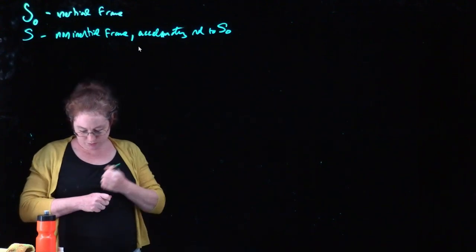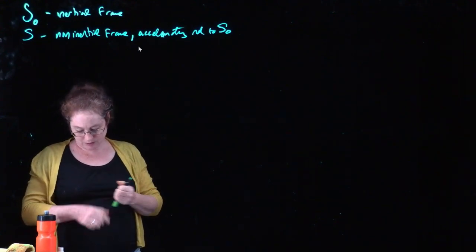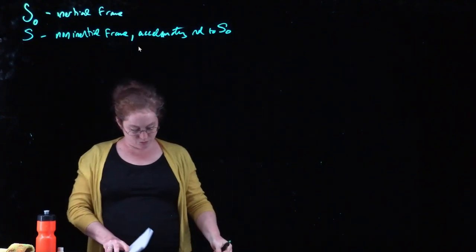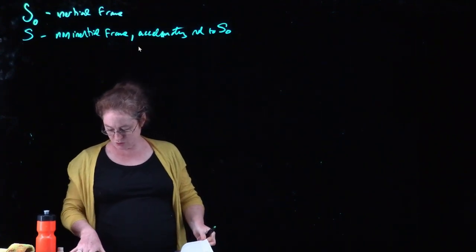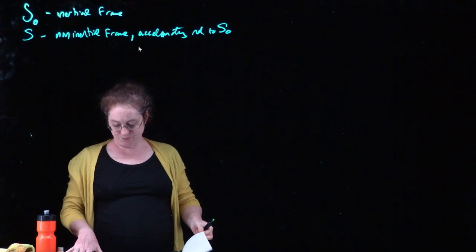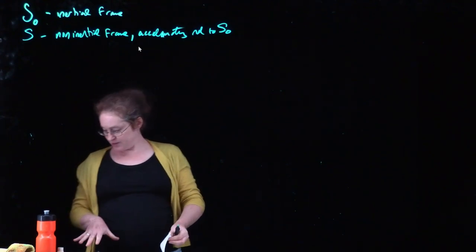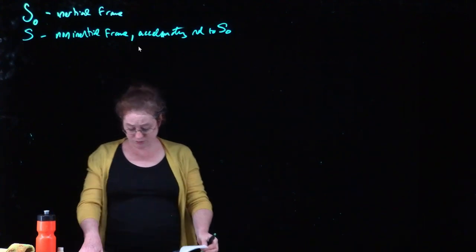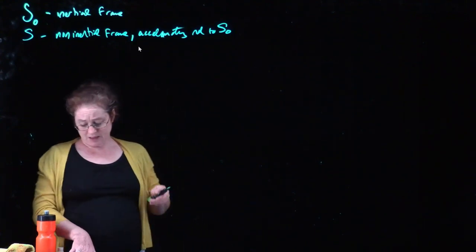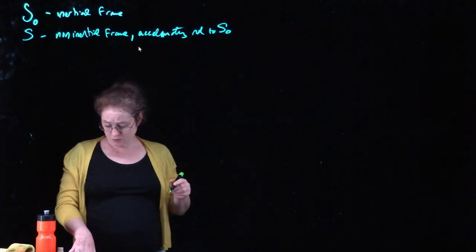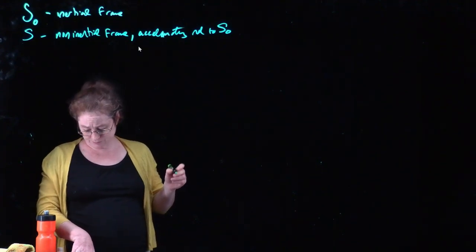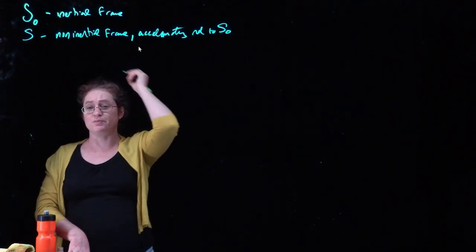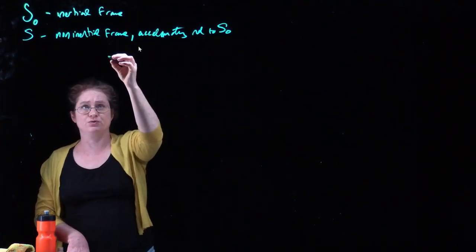Okay, so we are going to always use the subscript 0 to indicate the inertial reference frame, and we will use something without a subscript to indicate the non-inertial frame.